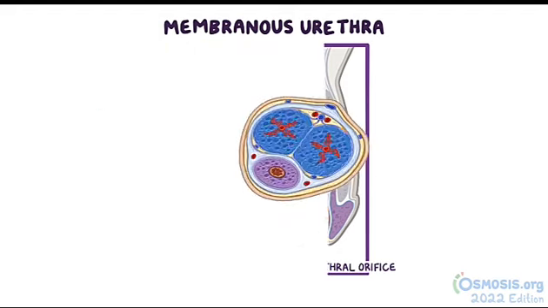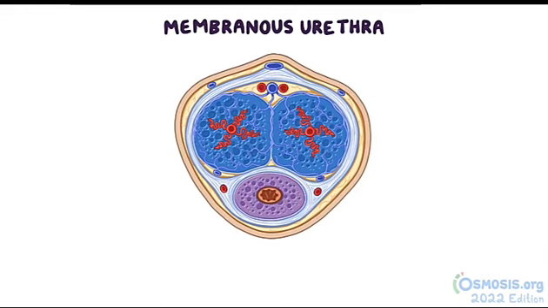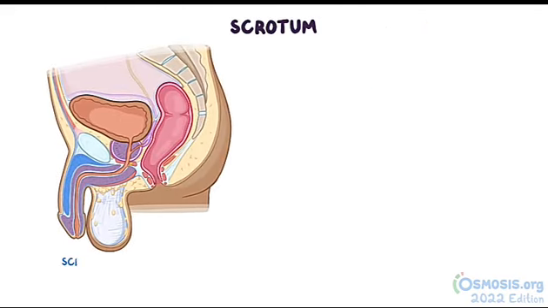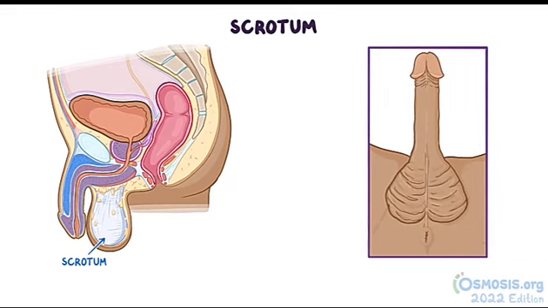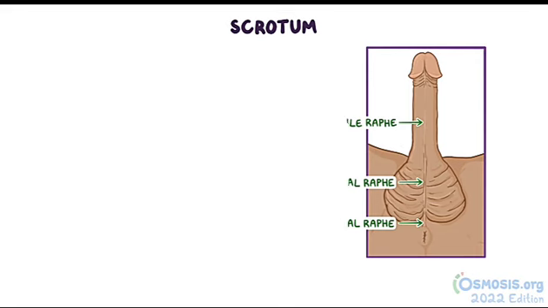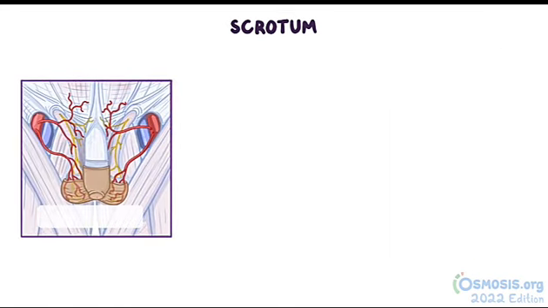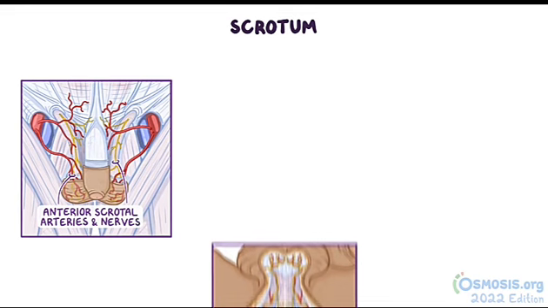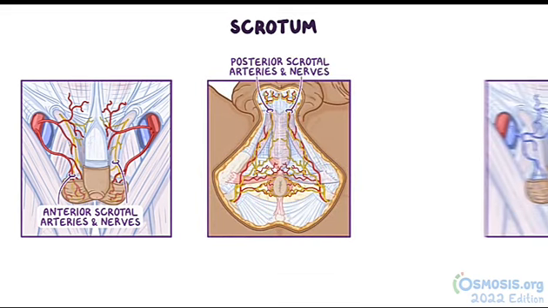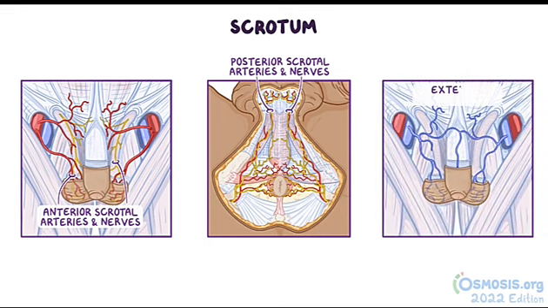These two parts of the urethra get their blood supply from branches of the dorsal arteries of the penis. Next up is the scrotum, which lies postero-inferior to the penis and has a line called the scrotal raphe on its midline, which is continuous with the penile and perineal raphes. The scrotum is supplied anteriorly by the anterior scrotal arteries and posteriorly by the posterior scrotal arteries and nerves. The scrotal veins drain into the external pudendal veins.